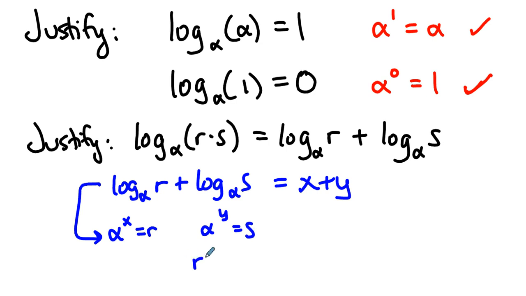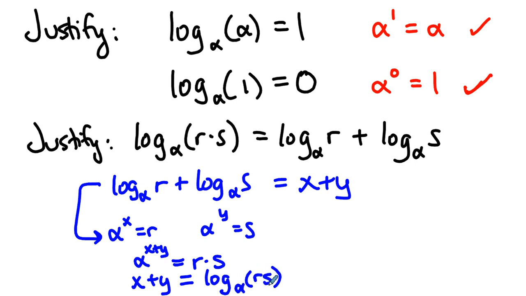Which means that r times s is alpha to the x times alpha to the y, right? Which means, converting back, x plus y is the exponent that we put on alpha to get rs, and that means that this quantity and this quantity are the same, check.